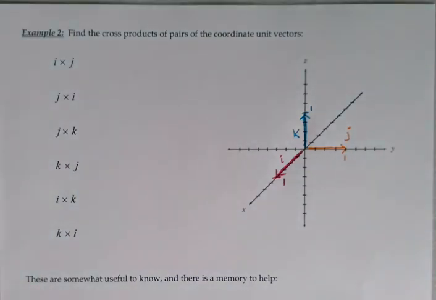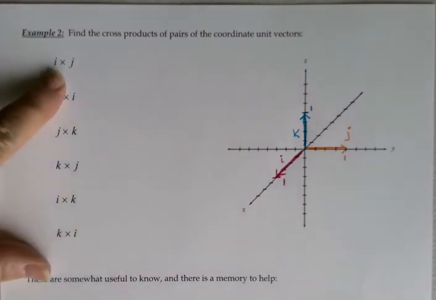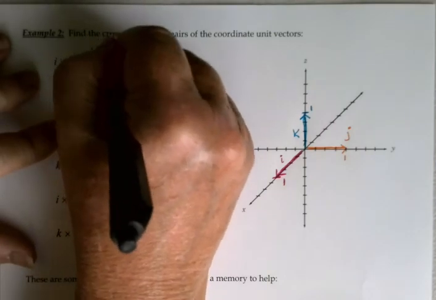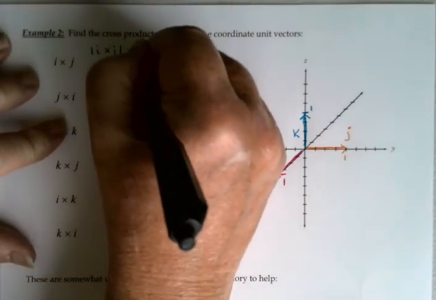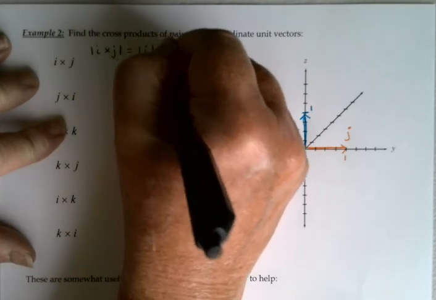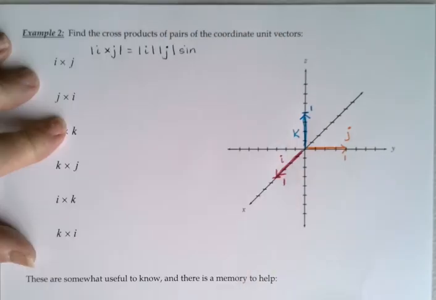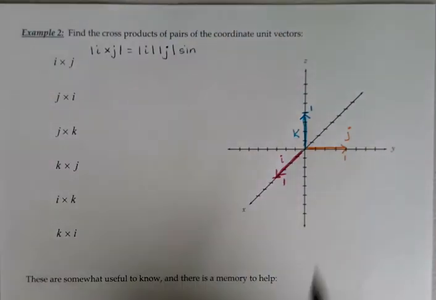So there's I, J, and K. I would like to start out by calculating I cross J. Now, first of all, I know that the magnitude of I cross J is magnitude I, magnitude J, times the sine of the angle between them.